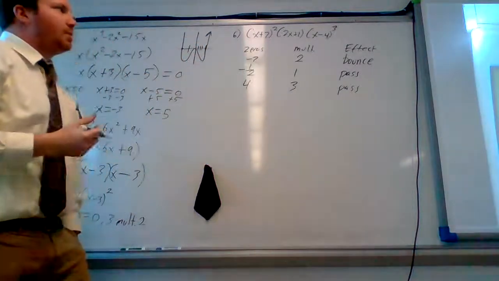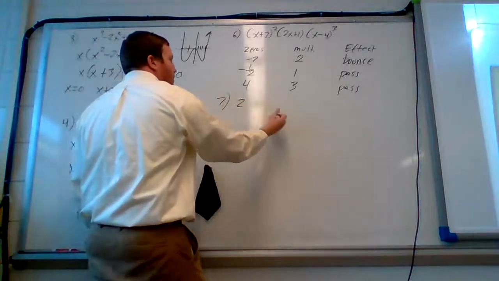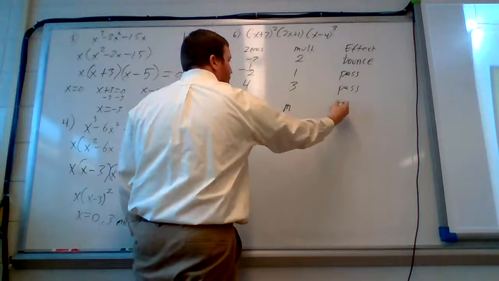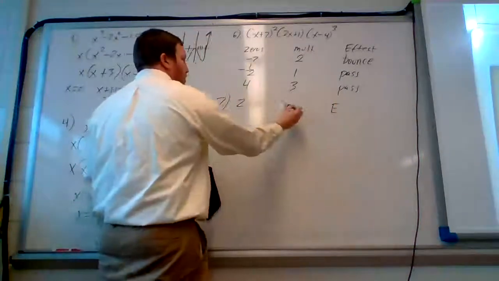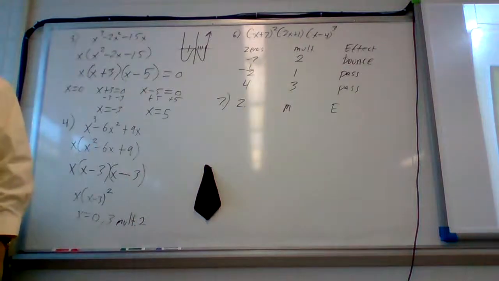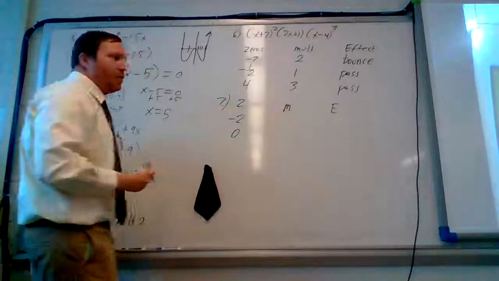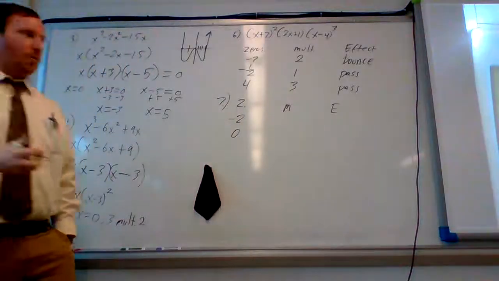So what are its zeros, number 7? Where do we cross the x-axis? So we have -2, 0, and 4.